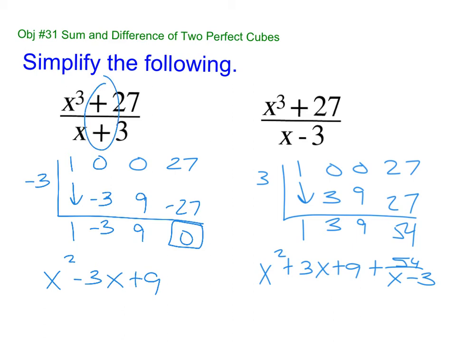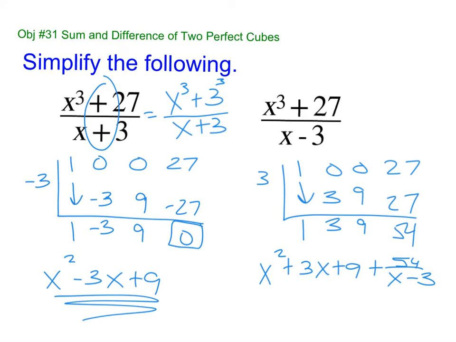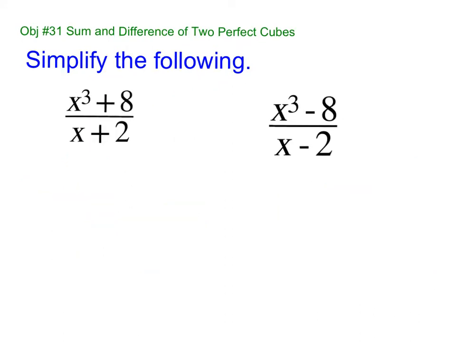And then notice that this is x cubed plus 3 to the third over x plus 3. Right? So notice this pattern here. There is a pattern that we're going to learn. So let's do these, and then based on the two answers that we get, let's see if we can find a pattern.